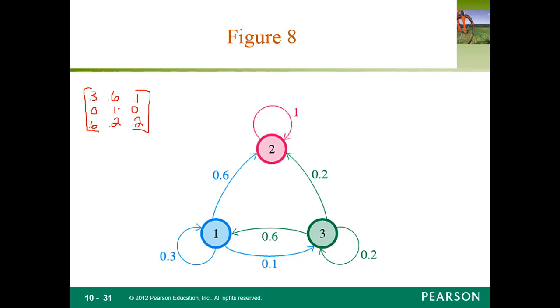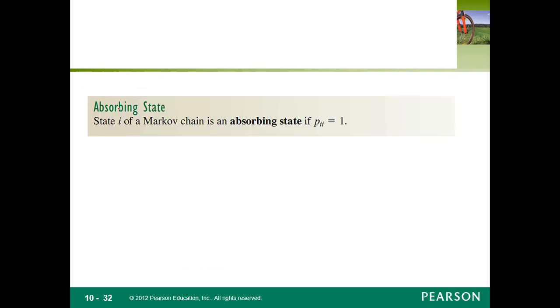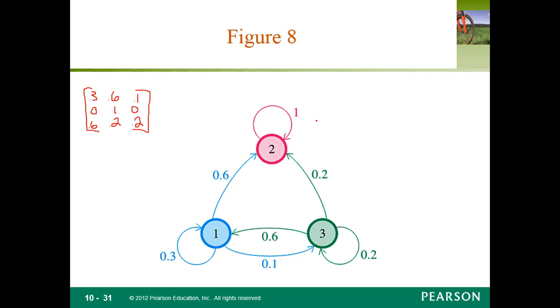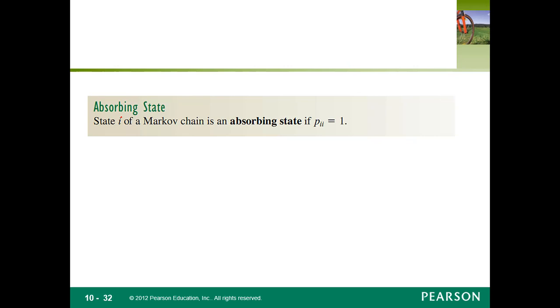That's what we call an absorbing state. State i of a Markov chain is an absorbing state if Pii is 1. Notice here P22 is 1, so that means it's an absorbing state.